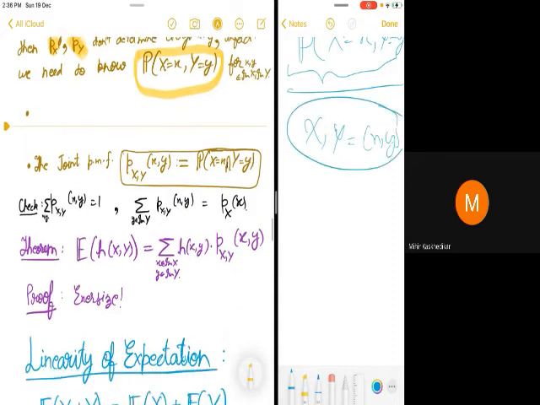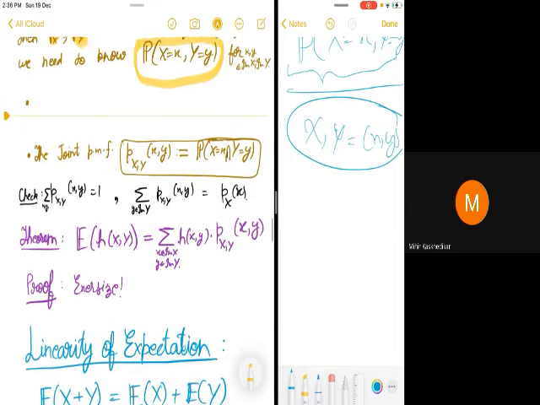With this we define the joint probability mass function of capital X, capital Y, at the points small x, small y, to be the probability that X is small x and Y is small y.